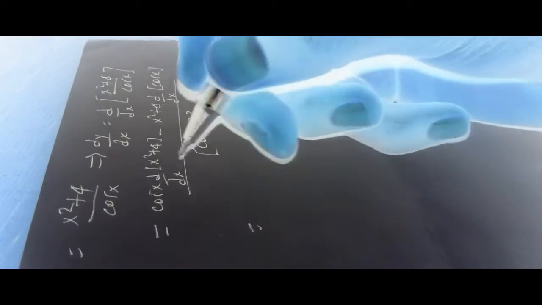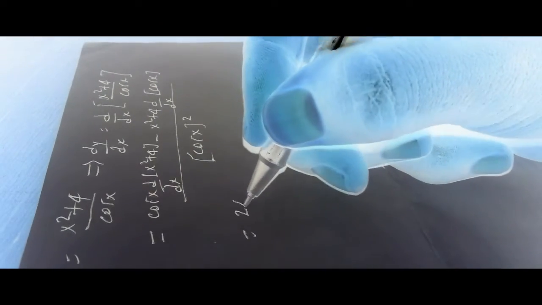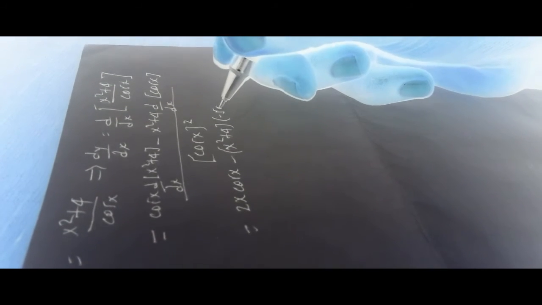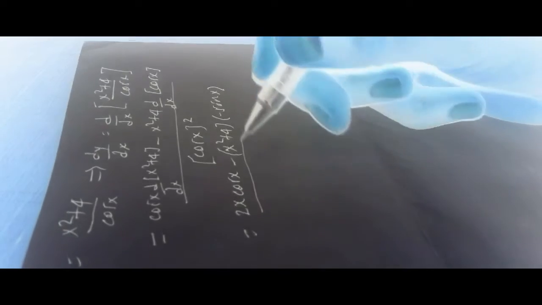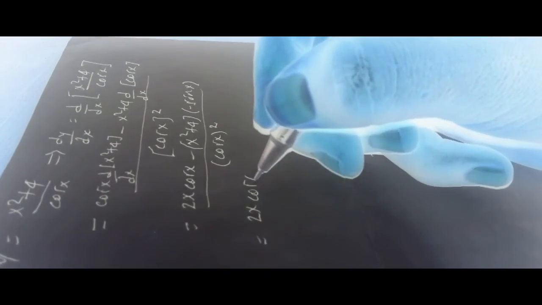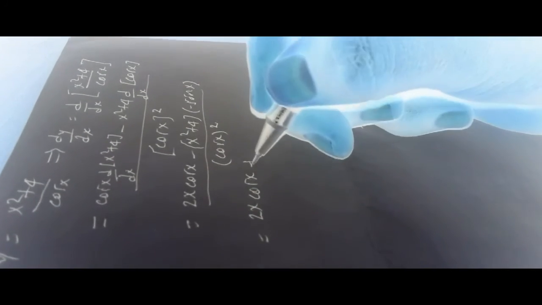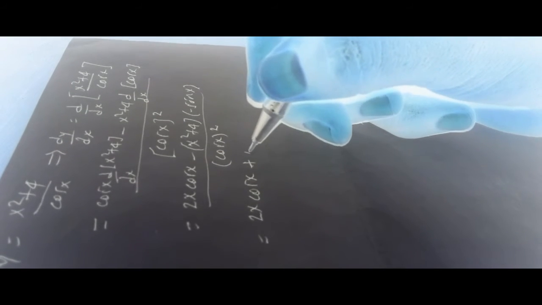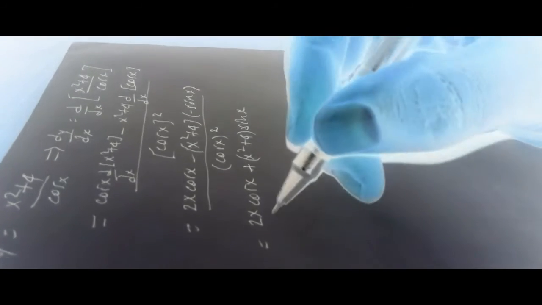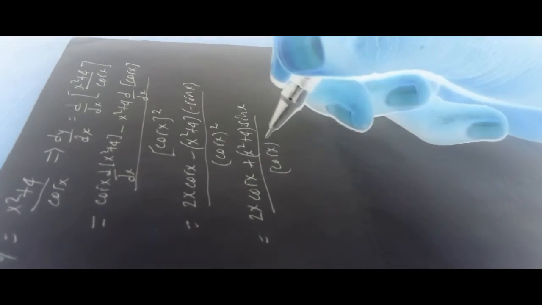This is equal to cos x times 2x, that means 2x cos x, minus (x squared plus 4) times minus sin x, over (cos x) the whole square, cos square x. This is equal to 2x cos x plus (x squared plus 4) times sin x over cos square x.